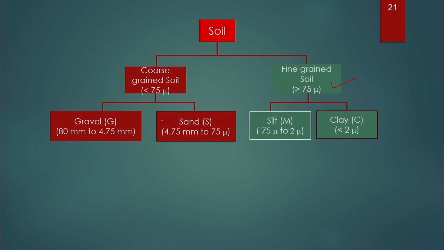Coarse grained soil has been further divided into gravel, which is the particle size between 80 mm to 4.75 mm, and sand, particle size between 4.75 mm to 75 micron. Fine grained soil has been classified into two, one is silt and another is clay. Sometimes the organic clay also comes here, which can be denoted by O.